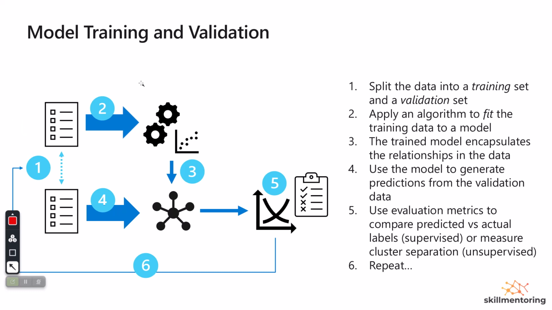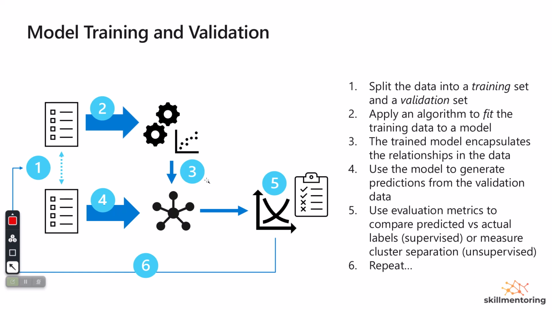Once this separation is done, we have two sets of data from the sample data, and then we apply the algorithm to fit the training data to a model. Once this model is ready, the model will generate some predictions from the validation data. What we do here is see if our predictions are matching, because we already know the outcome of it.